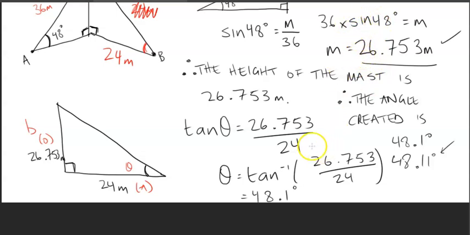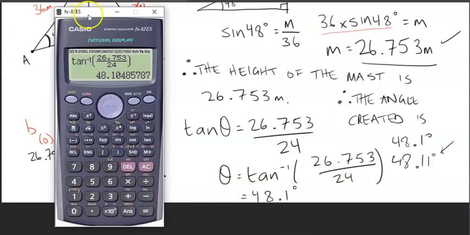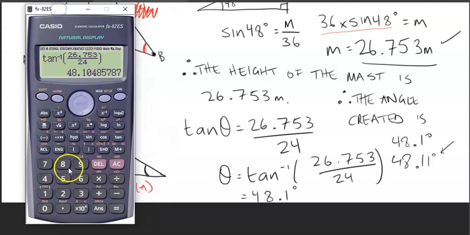So instead of writing 26.753, let's just actually use this equation here within our tan inverse function. So we'll still use shift tan, put the fraction in, but instead of just writing 26.753, which is the rounded version, I'm going to write the whole version of 36 times sine 48.